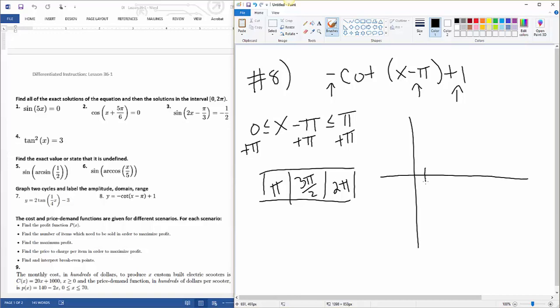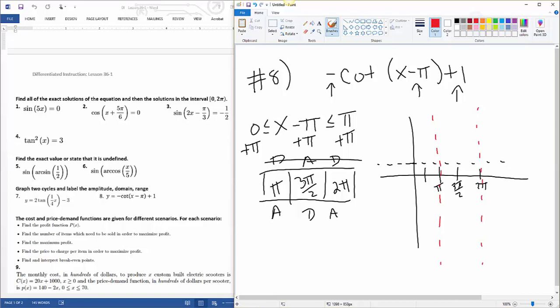So everything is cut into halves. There's pi, 3 pi halves, and 2 pi. Now normally with tangent it's dot asymptote dot, but because it's cotangent it's asymptote dot asymptote. So asymptote, and then the center line shifted up 1, and so there's my dot.